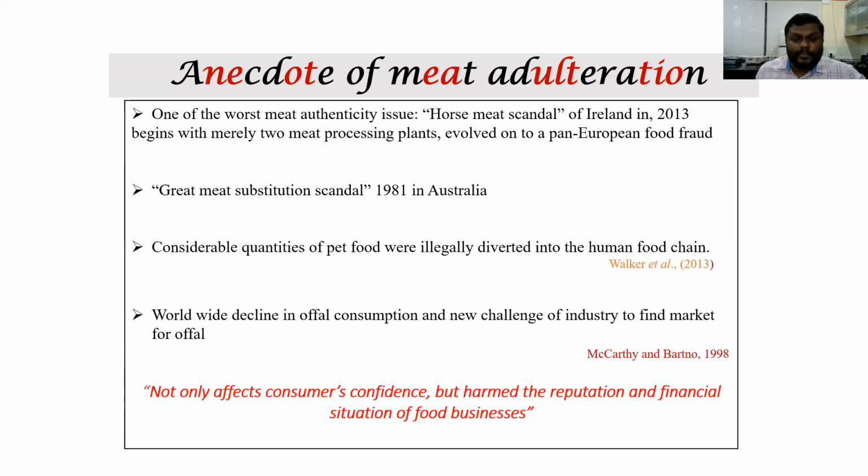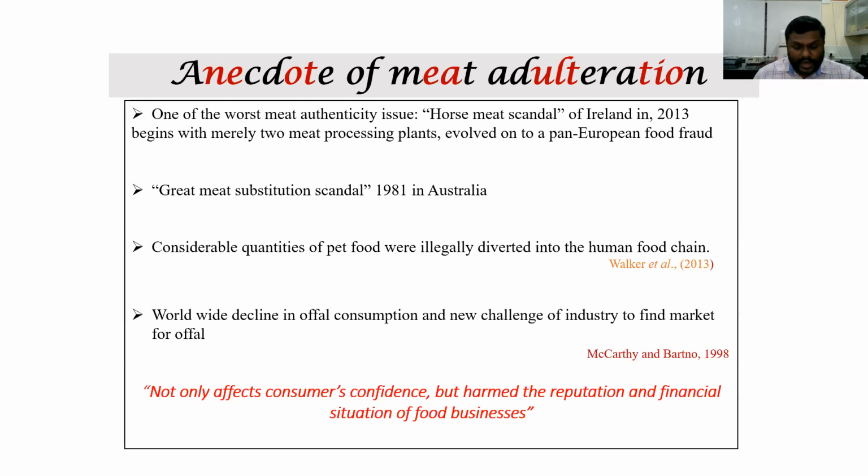There are reports which show that considerable quantities of pet food are being illegally diverted into the human food chain. Please understand the issue: there is a great decline in the requirement of offal. So what happens to these offals? Finally, they end up in meat products like processed meat products.